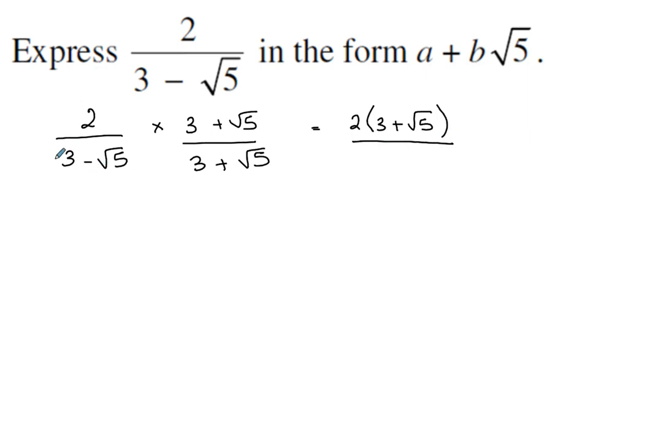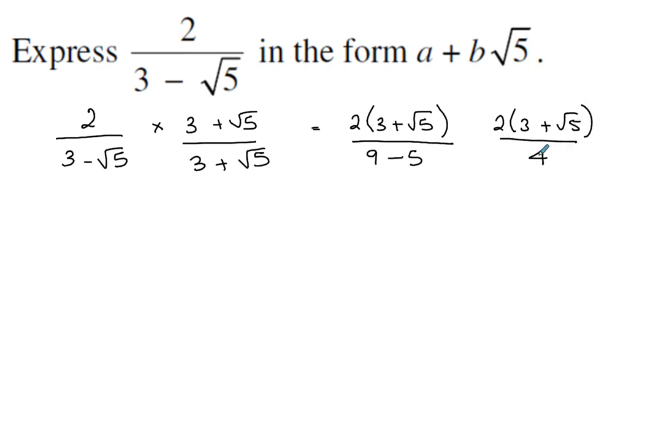You can either expand it my way, but if you've watched part 2, then we know it's just going to be 3 squared, which is 9, minus surd 5 squared, which is 5. So we've got 2 times 3 plus surd 5 over 4.